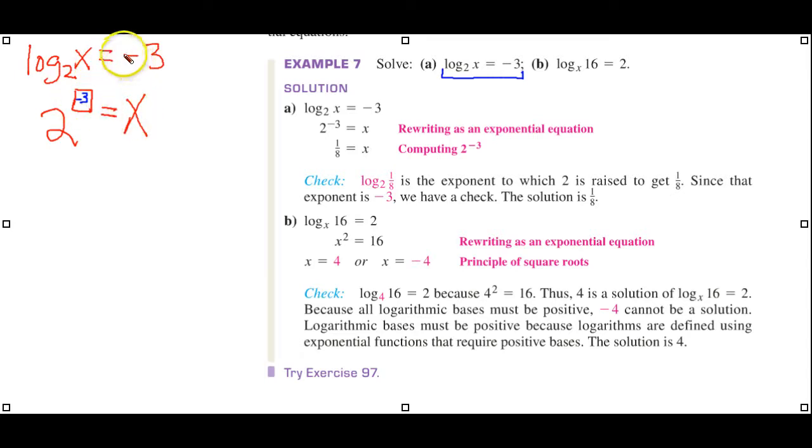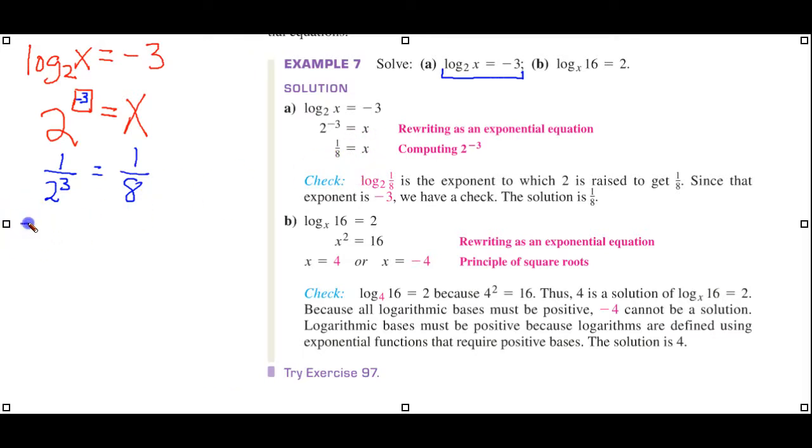And what is our exponent? Well, our exponent is a -3. So now when we take 2 to the negative 3, which is 1 over 2 to the third, that gives us 1 over 8 for our first example.